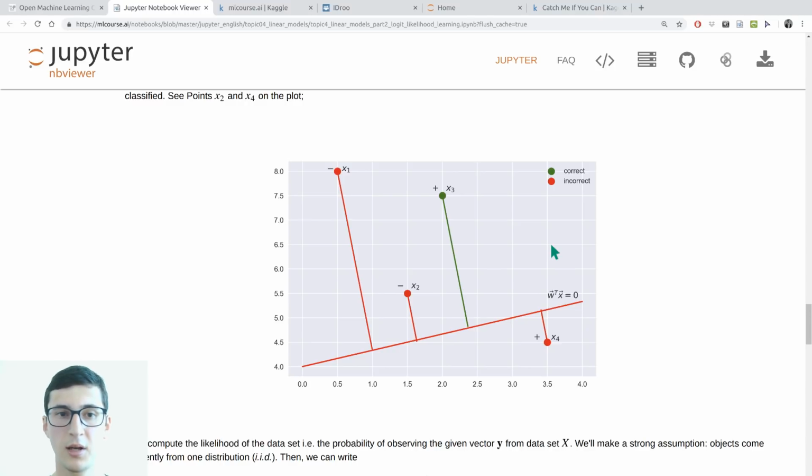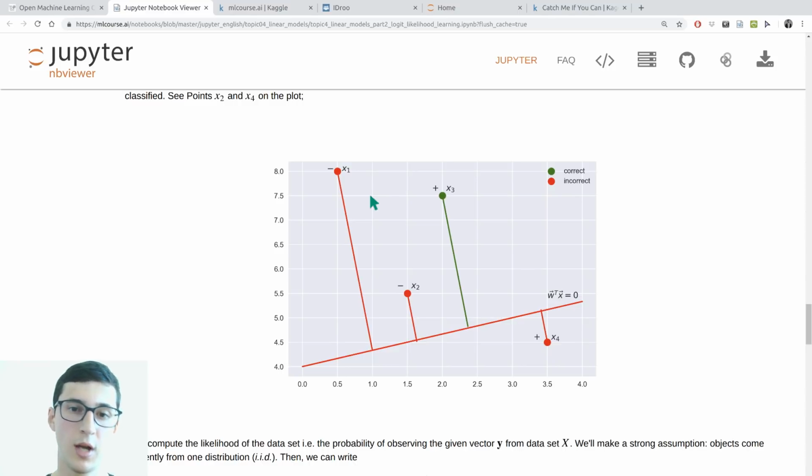So let's take a look at these 4 variants. If x1 is a negative example, so it has a label -1, but the distance is positive, so w transposed x is positive here. We multiply this label y1 that is equal to -1 by the distance that is positive, and we get a negative value.